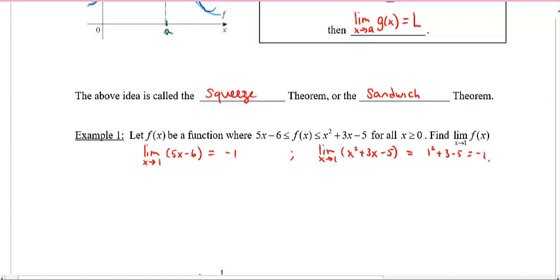Both the lower and upper limits are the same. So I'll say something like this.